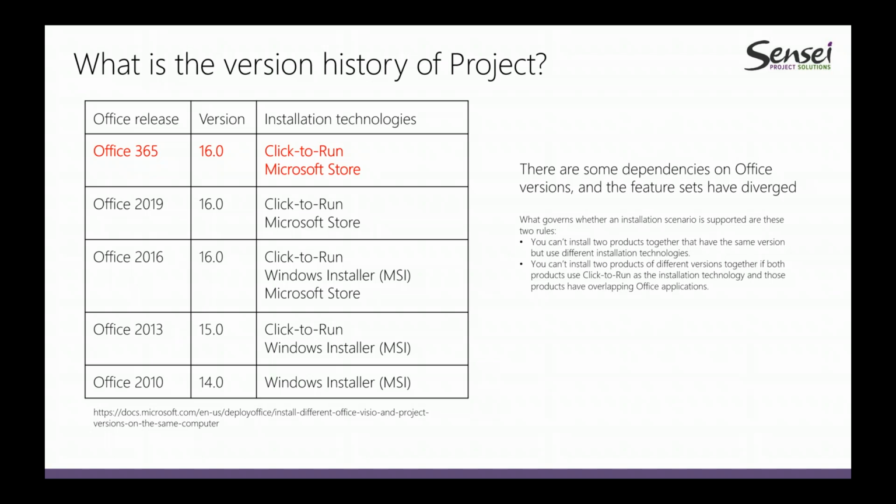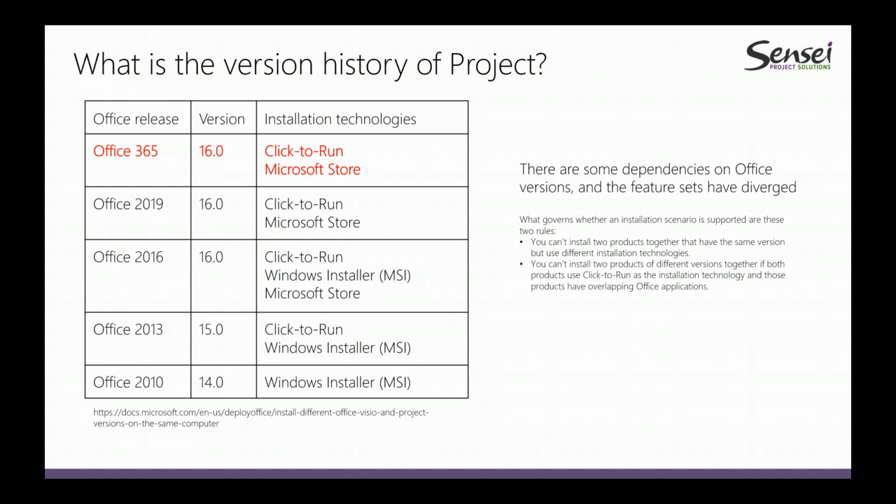But another interesting thing to think about here is look at that version number. Whether you're in Office 2016, Office 2019, or whether you're in Office 365, the version is stuck at version 16. Stuck is a pejorative term, but it's not incrementing up.